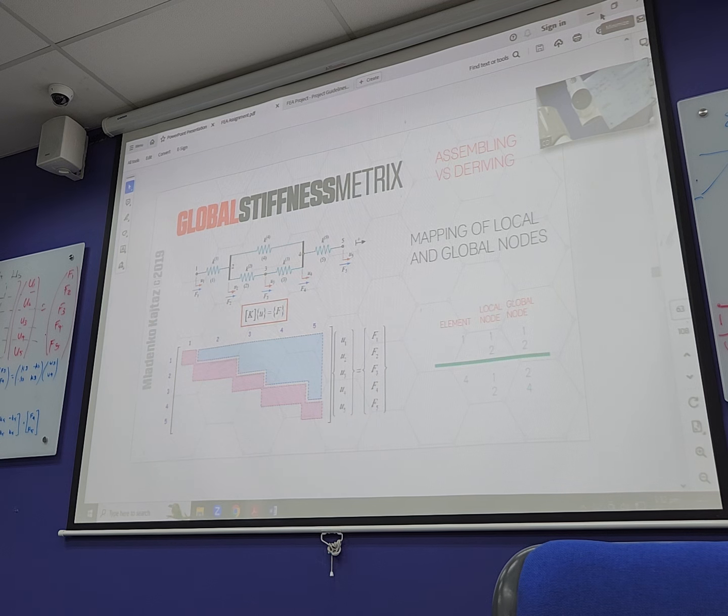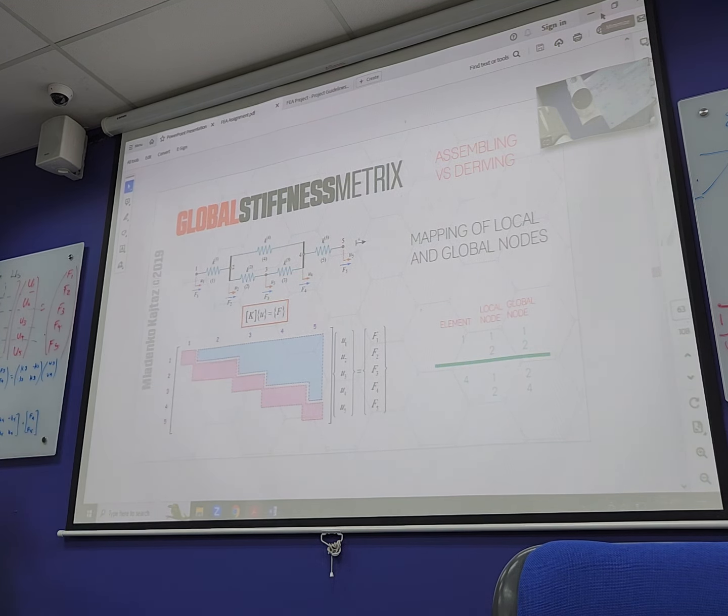Negative K4, plus K4. Agree? Do you see what we just mentioned about this? If I move node 2, I will mobilize K1, K2, K4. Does it make sense?